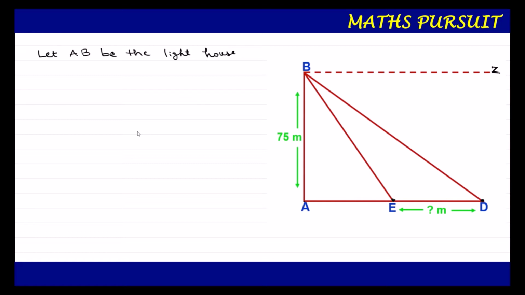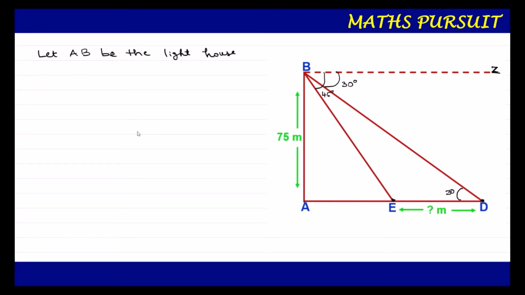Now the angle of depression that forms here is 30 degrees as per the question. This angle of depression is 30 degrees from one ship, and the other angle of depression is 45 degrees. So that means this angle is 45 degrees. Now if this one is 30 degrees, this one will also be 30 degrees, because these are alternate angles.